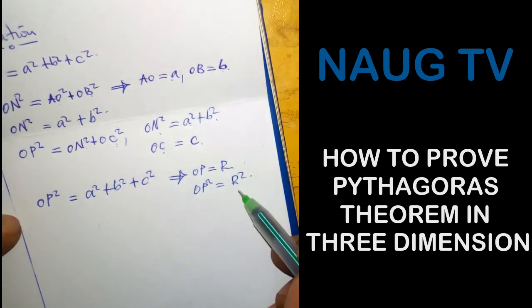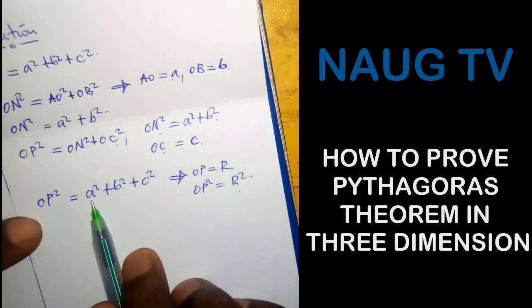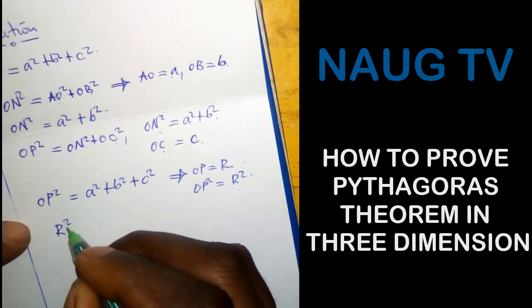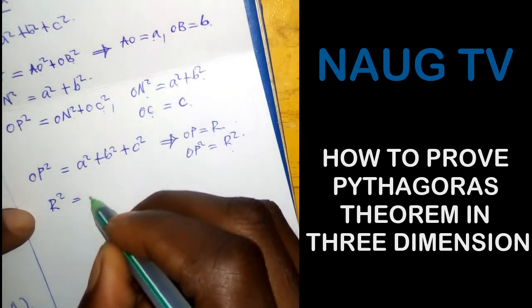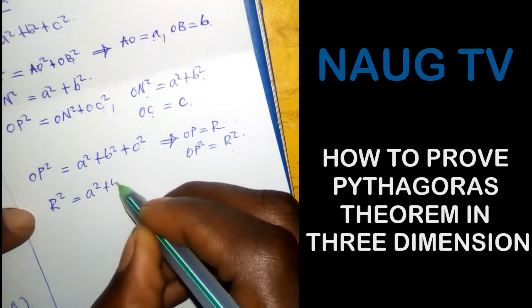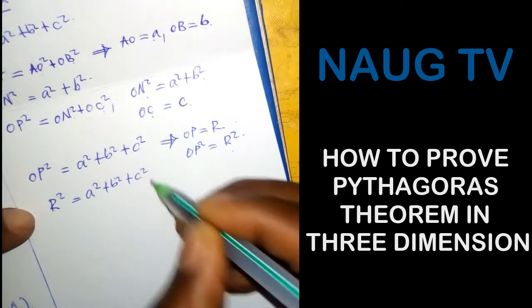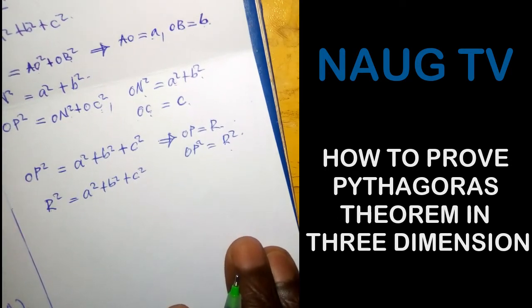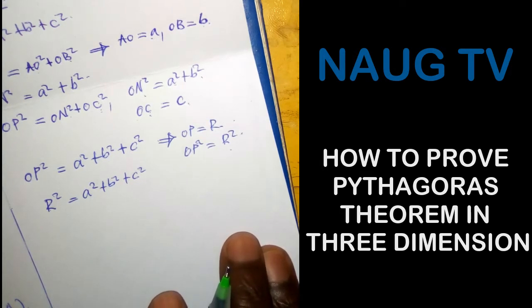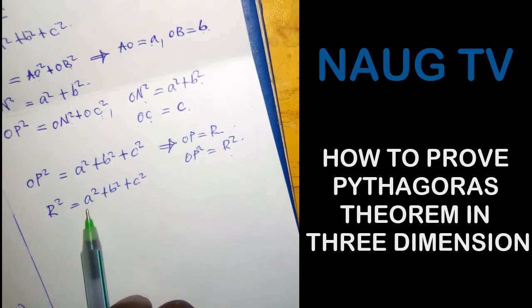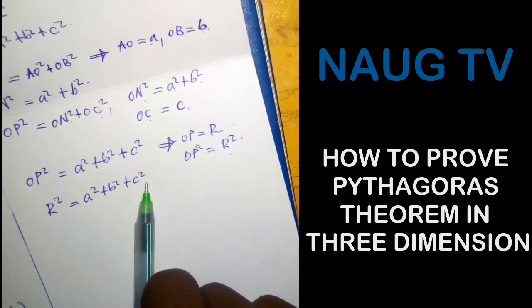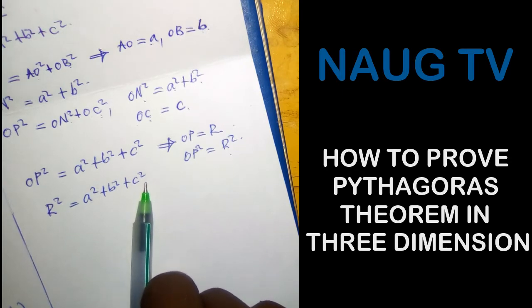So R squared would also be equal to A squared plus B squared plus C squared. At this point, R squared is equal to A squared plus B squared plus C squared, and this is the required answer.